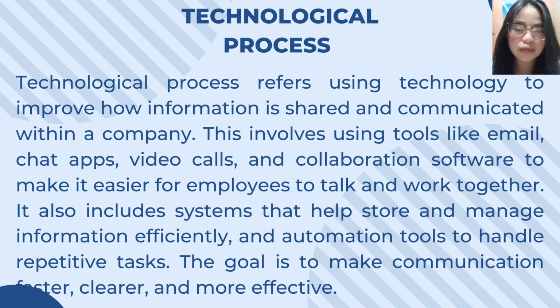Companies are helping employees work together easily. They're also using systems that organize information well and tools that do repetitive tasks automatically. And the goal is to make talking and sharing information faster, easier, more effective and more helpful so everyone can do their jobs better.